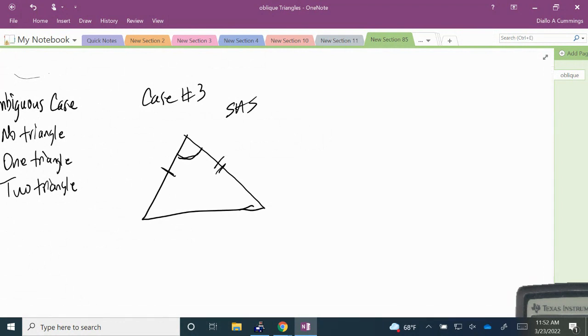Right, so here again, you can solve this triangle by using the law of cosines. There's not enough information to use the law of sines, because there's too many unknowns, but we can use the law of cosines.